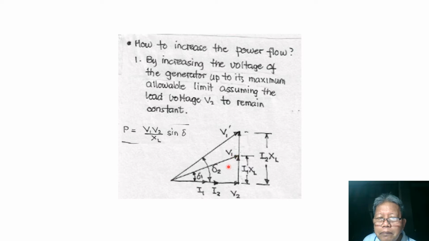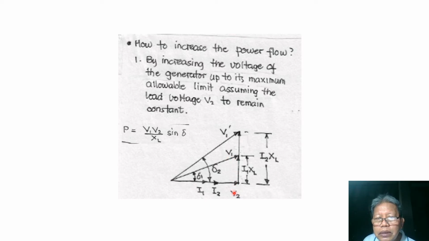Now, with this magnitude of V1, we had this angle delta 1. So this delta 1 here makes possible the flow of power from bus 1 to bus 2, because this delta 1 is the angle between the bus voltage at bus 2 and the bus voltage V1.